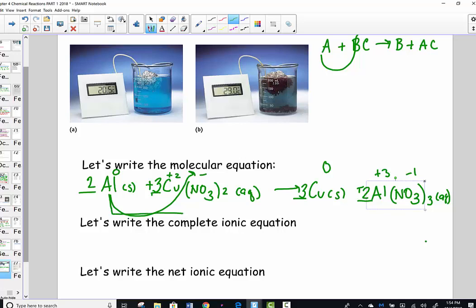Aluminum went from a 0 to a +3. On the left side, it's a 0, elemental form, and now on the right side, it's charged because it's in solution as an ion. When it becomes from 0 to +3, is that oxidation or reduction? Becoming more positive.